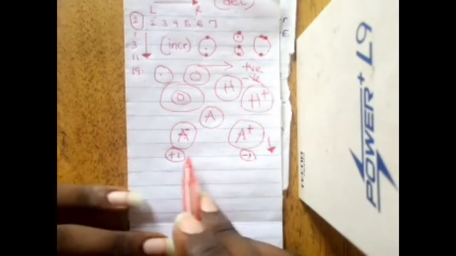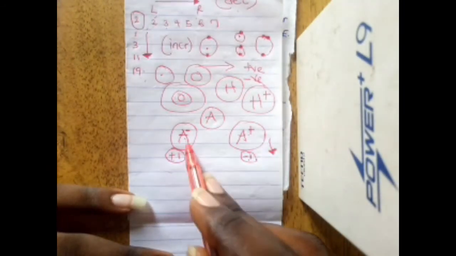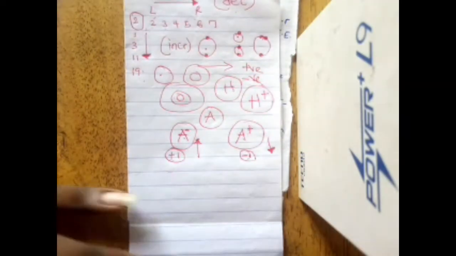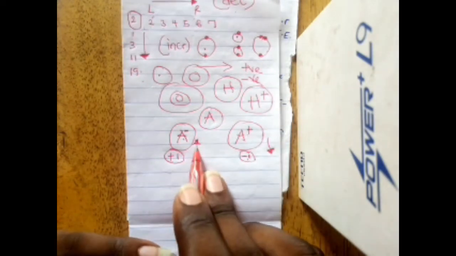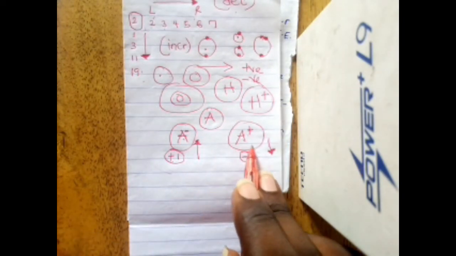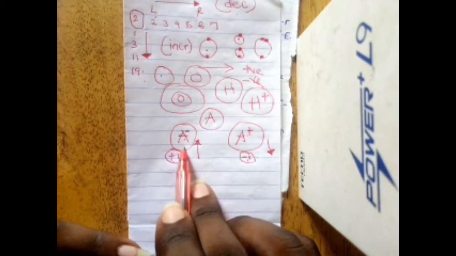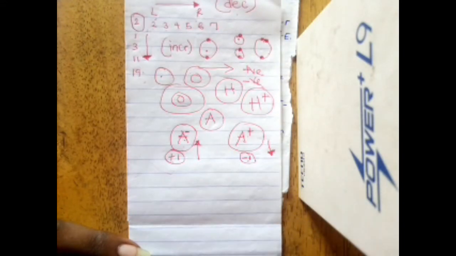Whereas if an atom gains an electron to have a negative charge, the size increases. What this simply implies is that the ionic radius of positive ions is smaller than the atom, while negative ions are larger than the neutral atom. So that's what ionic radius is all about.